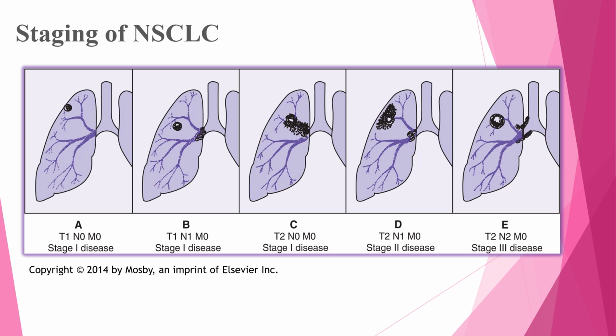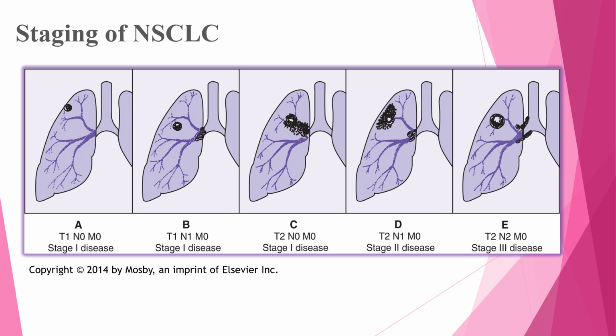You also don't need to know how to stage. Staging any type of cancer is going to be an oncologist aspect, not something that you need to know as a nurse, though if you go into oncology, it will become second nature. But as you can see on this slide, there are 5 different stages that we utilize for lung cancer.